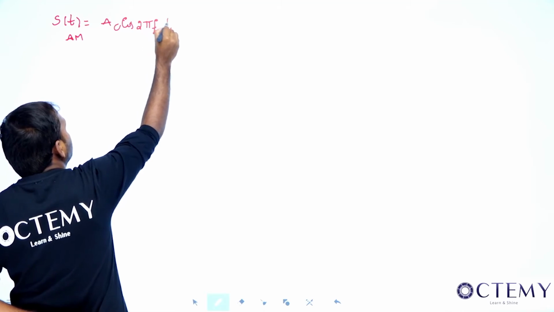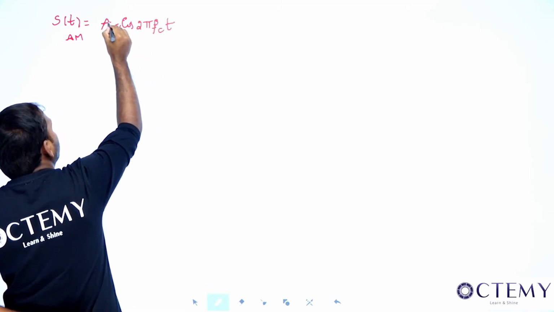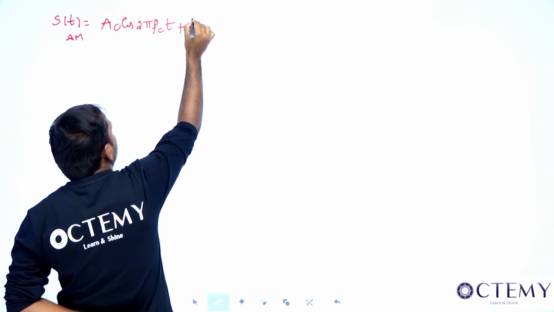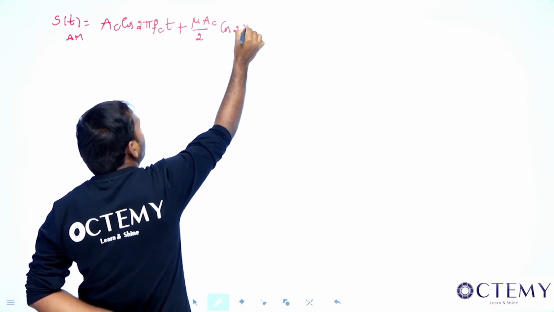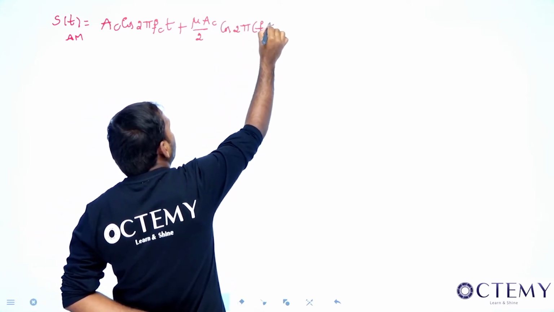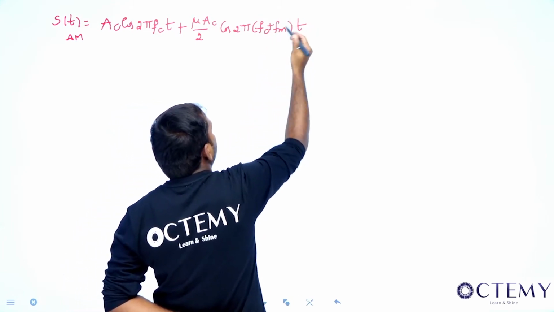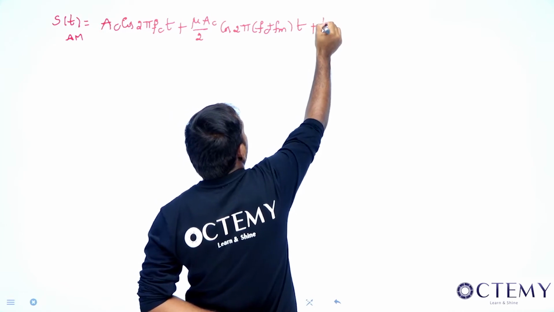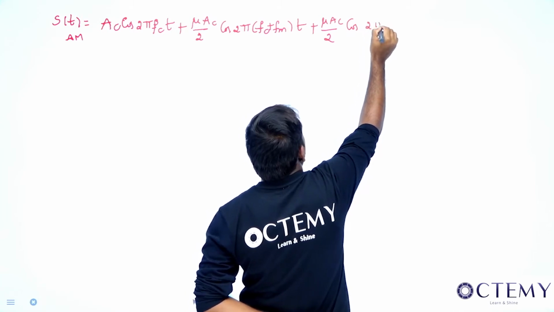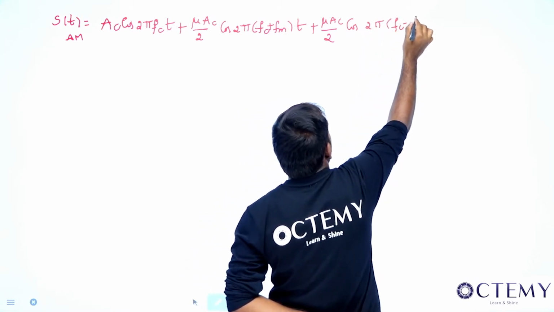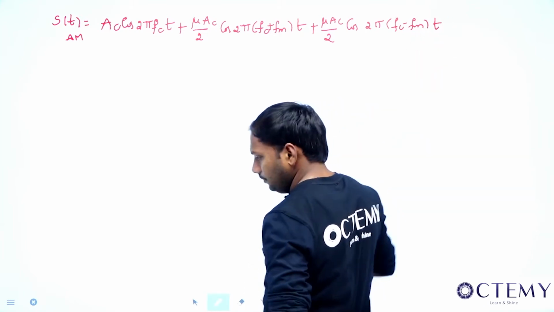S of t of AM in a single tone case is equal to Ac cos 2 pi fc t plus mu Ac by 2 cos 2 pi (fc plus fm) t plus mu Ac by 2 cos 2 pi (fc minus fm) t.